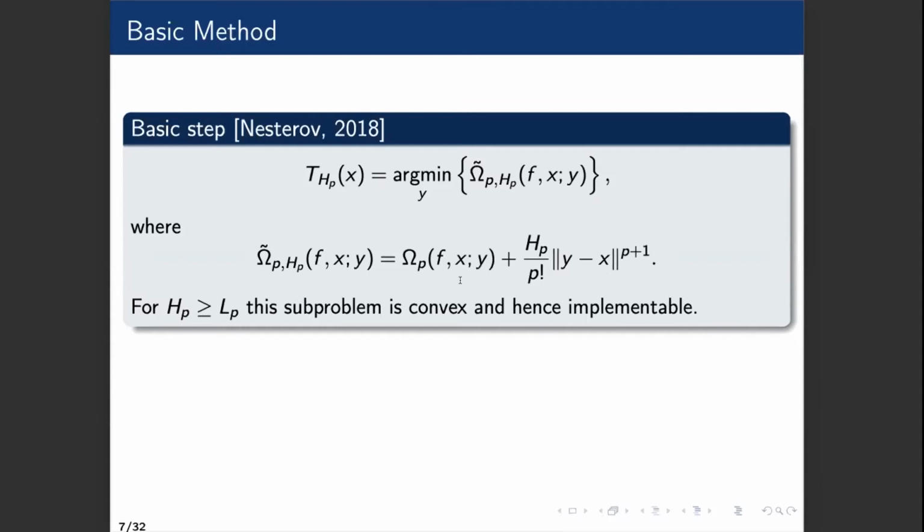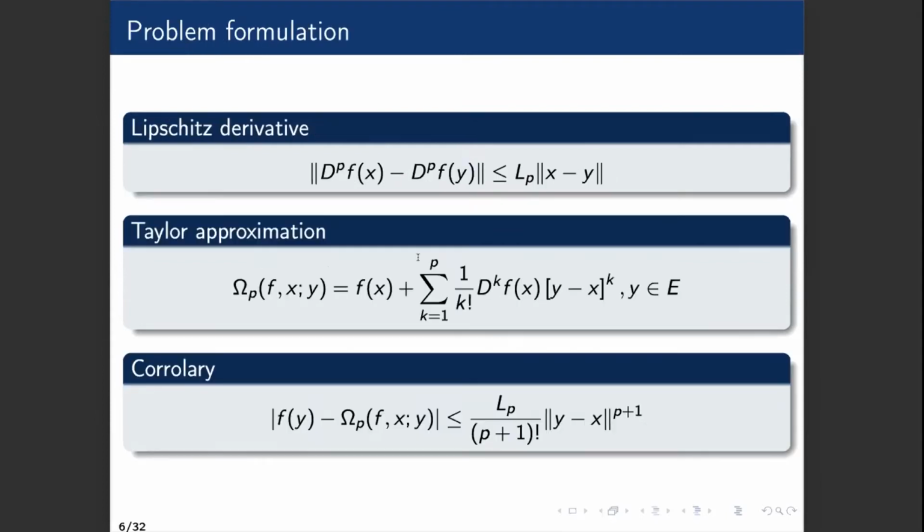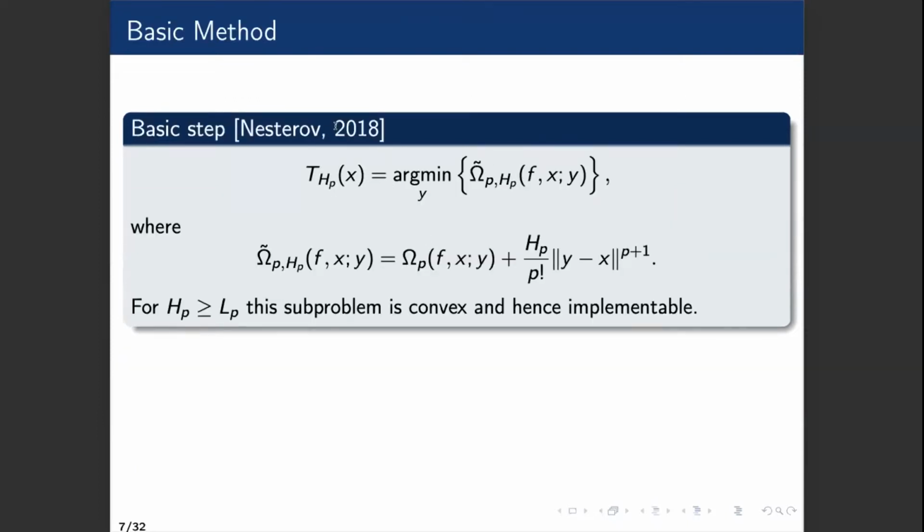But the problem is that these derivatives and this model can be non-convex. So naturally, the subproblem will be much harder than the original problem, and this is bad. But Yurii Nesterov in 2018 proved that if we multiply this norm by p or p plus 1, the function will be convex, and the tensor method will work well, and so we can use it.